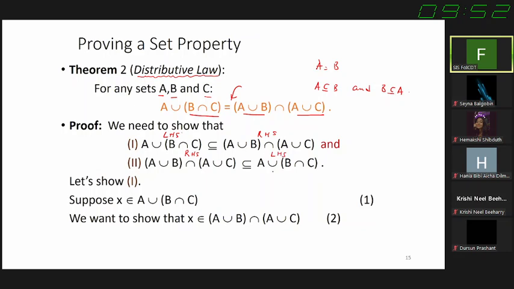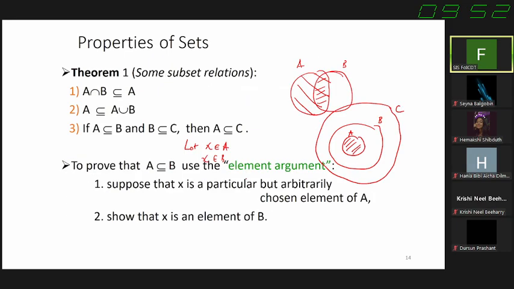So how do we do that? Remember we said if we want to prove something is a subset of something else, we use the element argument.